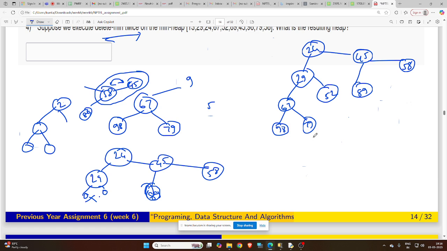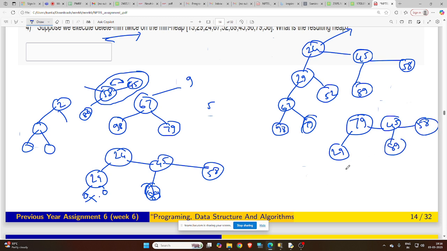So what will be deleted? It will be deleted by this one. I mean, the 44 will be deleted. So 44 will be deleted means 79 will come here. In that case, 79 will come at the very first, then 29, then 45, then 89, then 58, then 67, then 52.